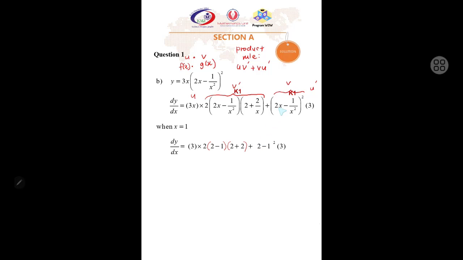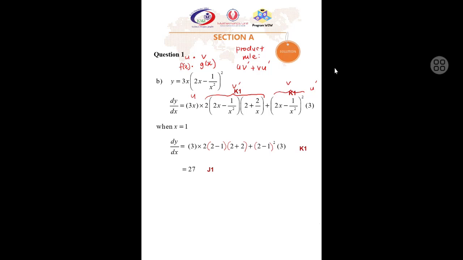Plus 2 minus 1 squared times 3. So this is another K1, 1 mark, and your J1 is your final answer, 27. So that is the solution for question 1b, section A.